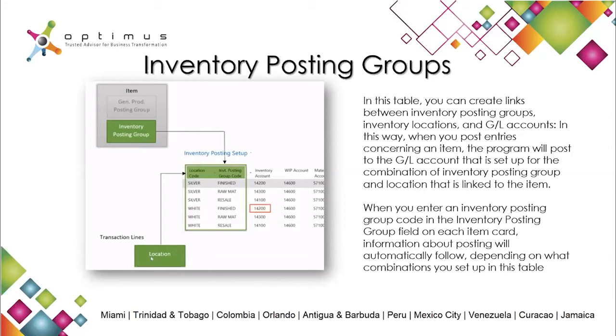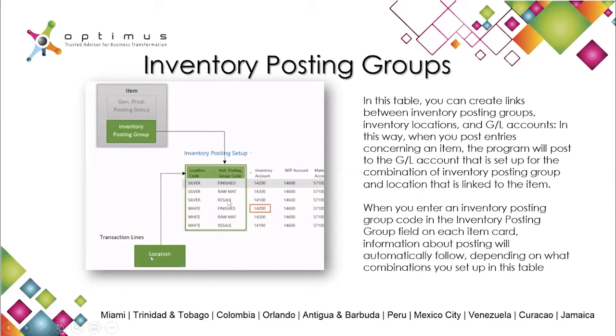Very important, of course, because sometimes we need, for instance, a GL account for raw material and another GL account for finished product inventory, right? In manufacturing, as an example, we always separate this type of accounts, okay? And how do we do it? I want to have an account for finished product whenever we post a manufacturing order, and as well for raw material.